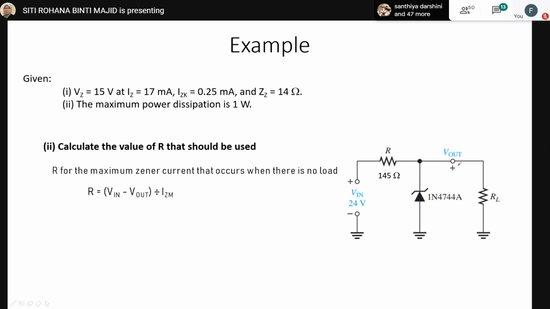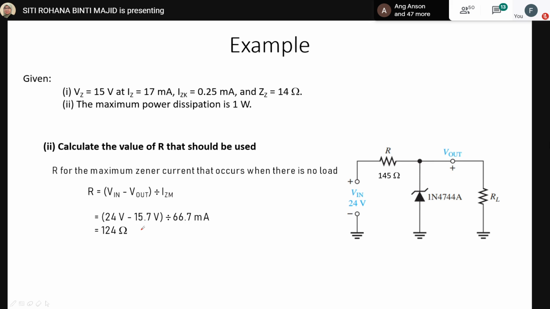So we use Ohm's law, and because it is the maximum Zener current, we already calculated the maximum Zener current. The total voltage in is the power supply voltage, and V out we calculated at IZM just now. With the value of IZM calculated in the first part, we will get the value of R equal to 124 ohms.